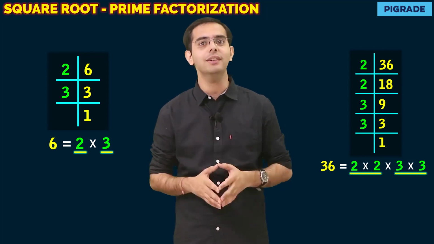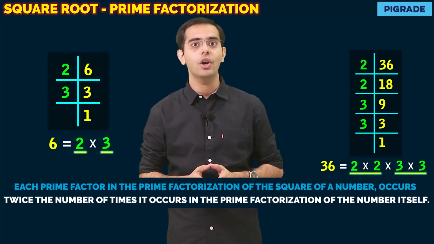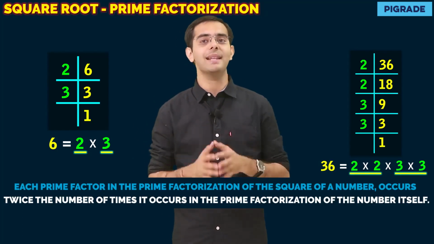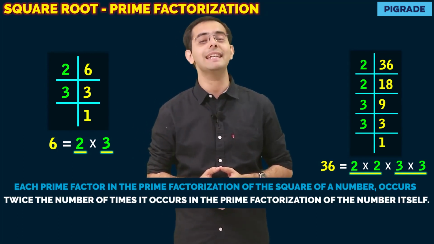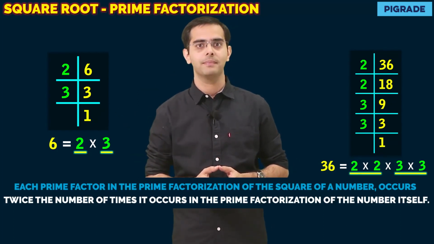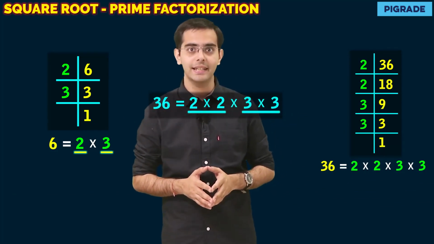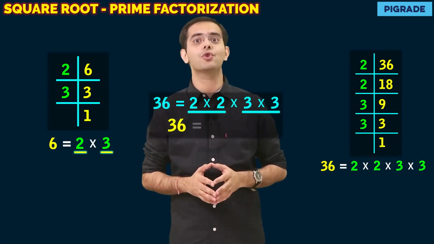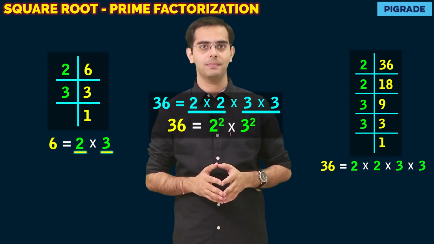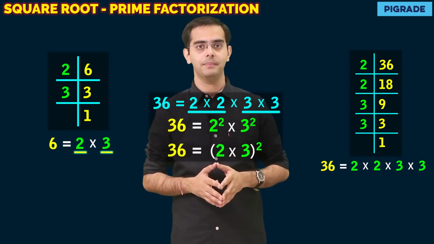So we can infer that each prime factor in the prime factorization of the square of a number occurs twice the number of times it occurs in the prime factorization of the number itself. So here, if we pair the prime factors of 36, then we get 36 equal to 2 square multiplied by 3 square. Or this can be written as 2 into 3 whole square.